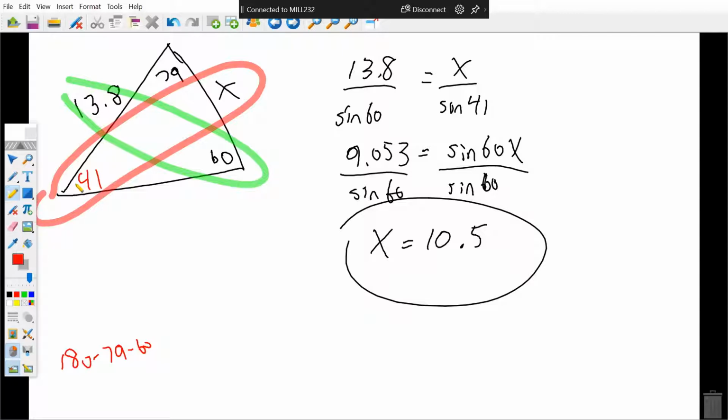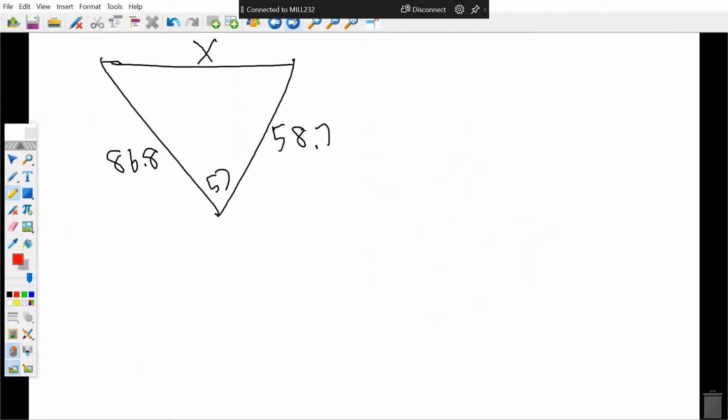Okay. Next question. Here I need you to find the missing side length x. I'll provide you with the formula.